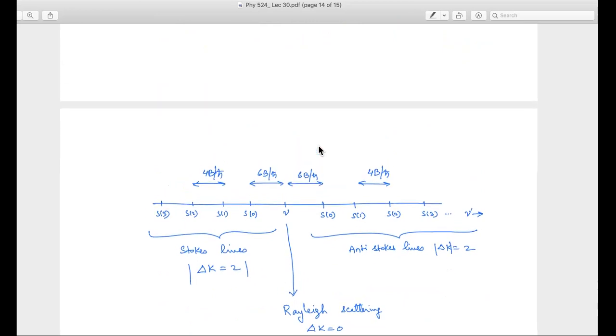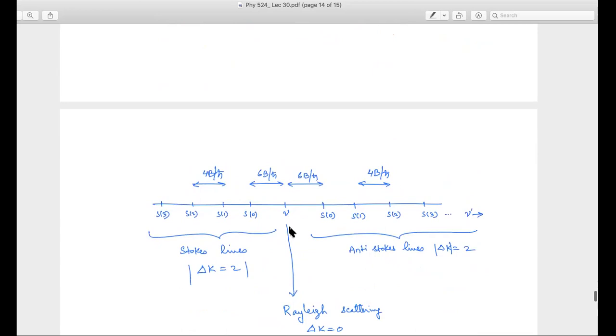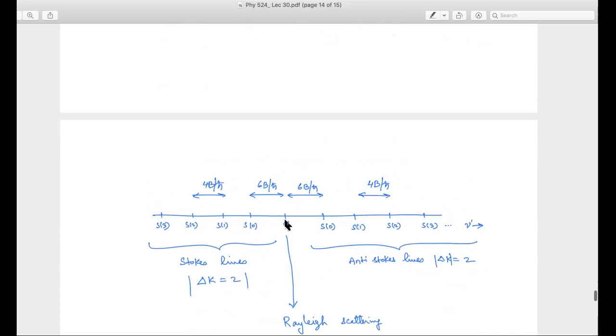And if I do not have a molecular transition, so I am at the same nu, then I have Rayleigh scattering, which involves zero angular momentum change. So I'm at the same nu; I do not do this level transition, and that is Rayleigh scattering.